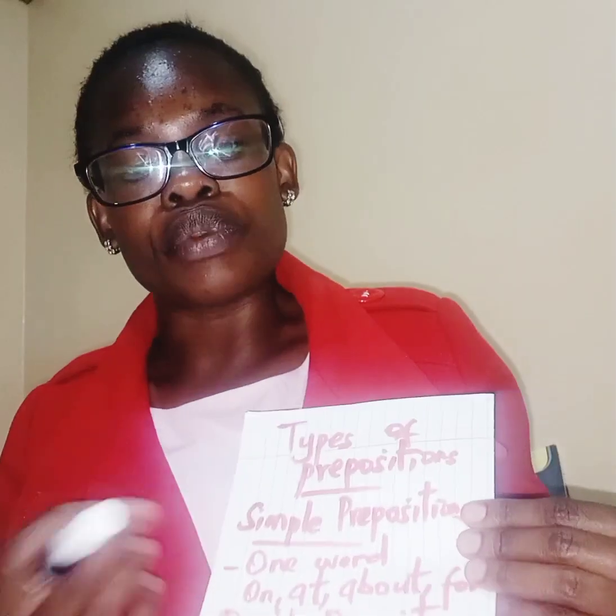We have different types of prepositions. We have simple prepositions, and when you talk about simple prepositions, you're talking about one-word prepositions. For example, in, on, at, about. These are one-word prepositions.